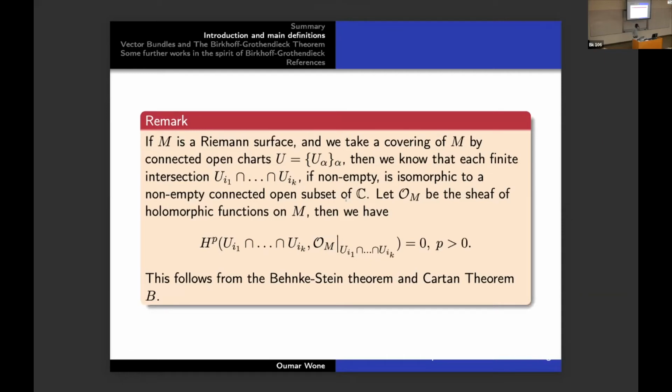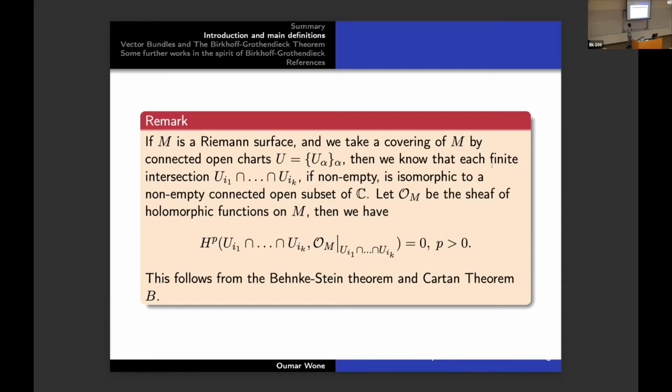An instance where we can find a good cover is the case of M, a Riemann surface, and we take the covering of M by connected open charts.